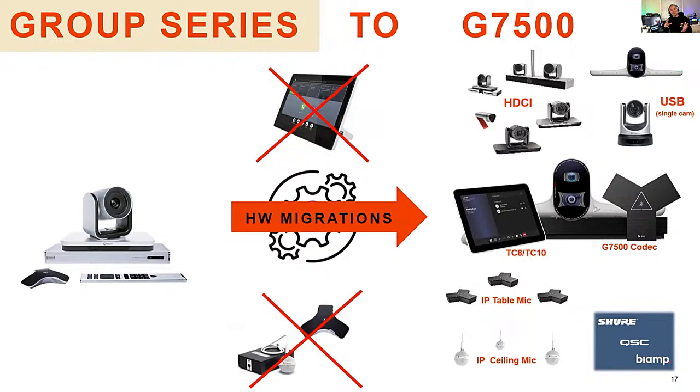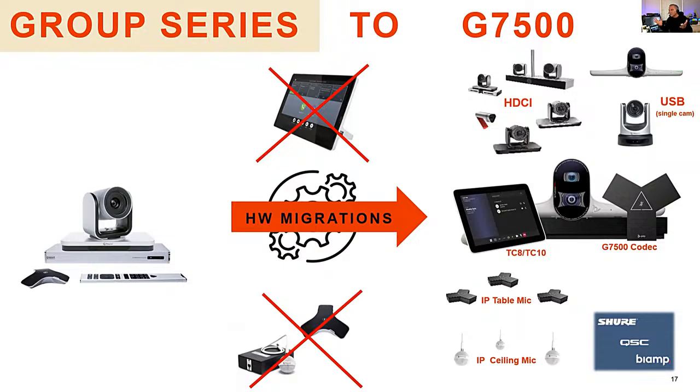Probably you used it through the 3.5mm analog input and output with the Group Series, because the Group Series didn't have a USB or digital interface to those providers. With the G7500, you could still do it analog, but I would recommend using it digitally, using the USB connector.